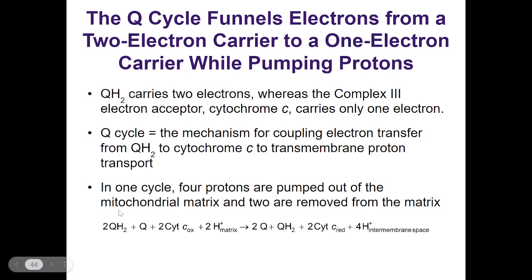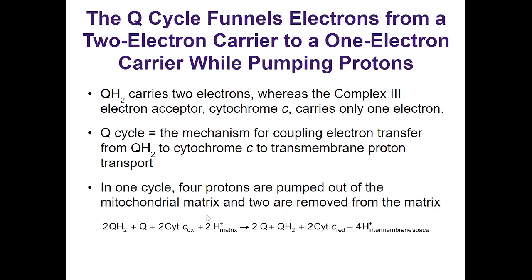Now what you'll notice here is that you get 2 Qs now. Notice that you've increased that number of Qs by 1. One of these Qs loses the hydrogen. This is going to leave a QH2. We weren't able to transfer both of these because, again, notice we only had 2 of the cytochrome C oxidized. This is going to give us 2 cytochrome C reduced, and it'll give us 4 H+ that have been transferred to the intermembrane space.